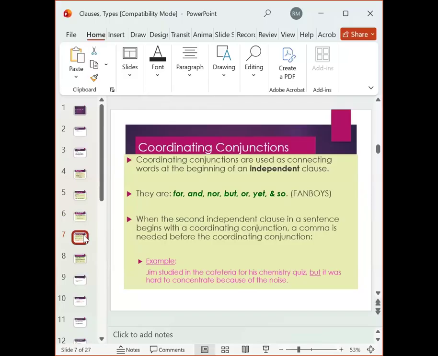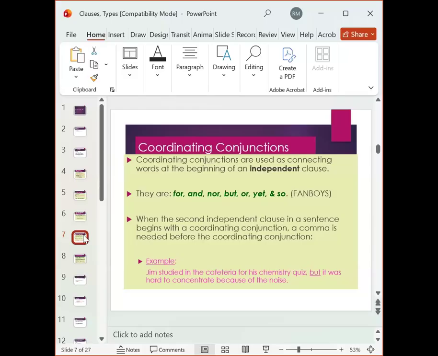Whenever you use these, it means that you are going to join or connect two or more independent clauses. So FANBOYS are those conjunctions used for coordinating purposes, okay? Have that in mind. If you can remember FANBOYS, then you can always remember the coordinating conjunctions: for, and, nor, but, or, yet, so.